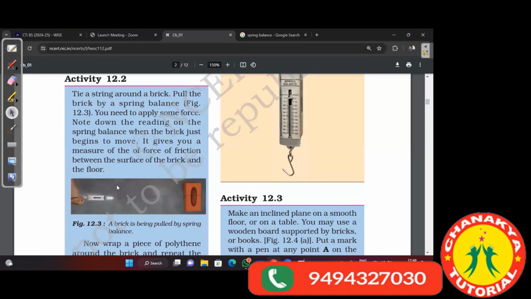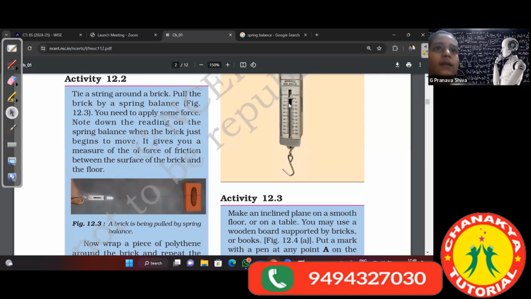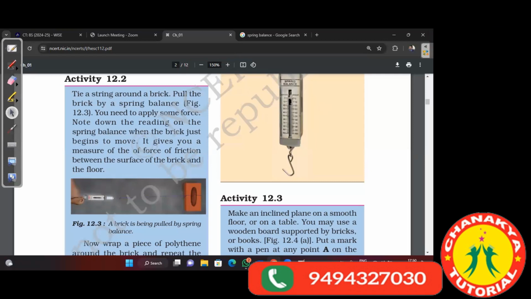Inside the spring balance, which shows the units? Yeah, that's the mark, that's the pointer. Inside the spring balance, you have the pointer which points to the amount of force that you have applied. So it will show you the amount of force being applied for this brick to come into the state of motion.